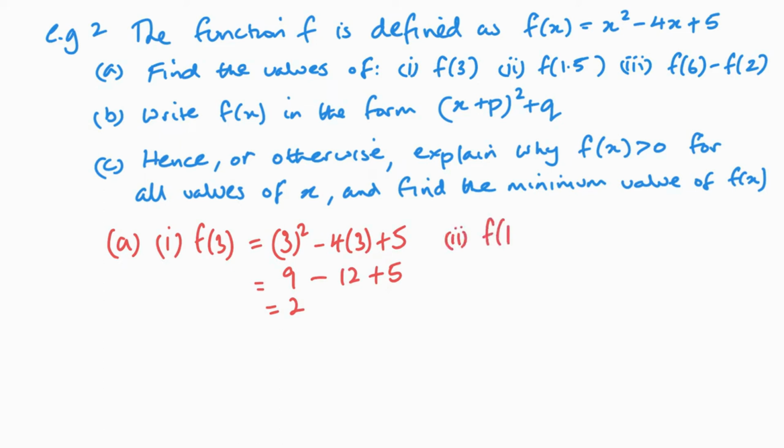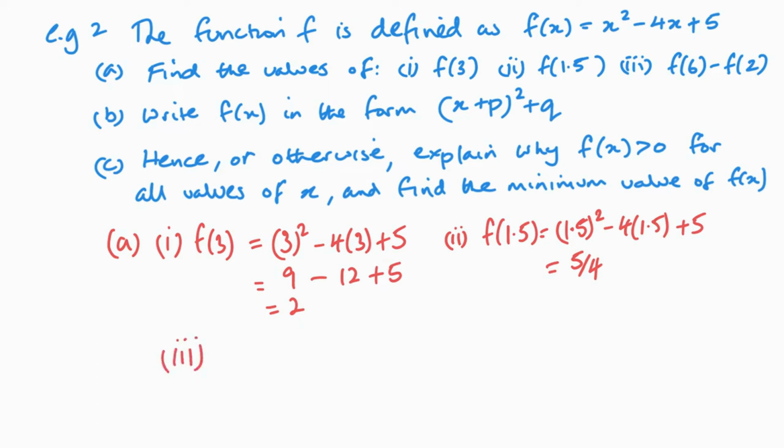Substituting in 1.5, same thing: 1.5 squared minus 4 lots of 1.5 plus 5. There's nothing to say that we have to do this in our head; you're more than welcome to use your calculator here.